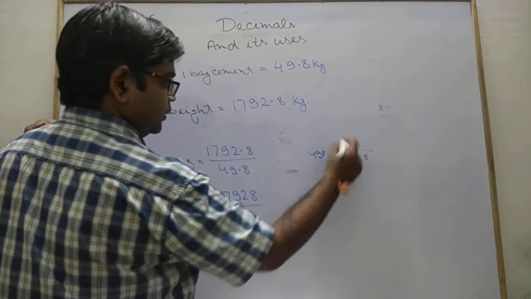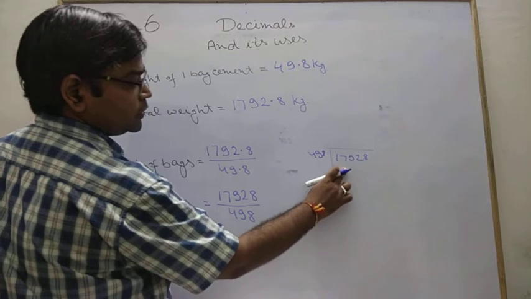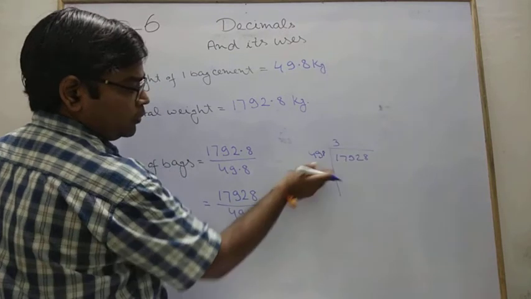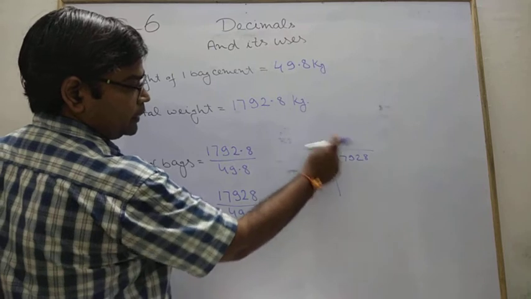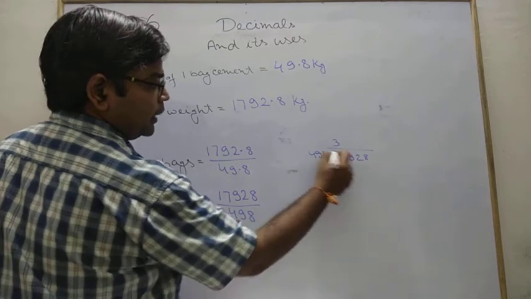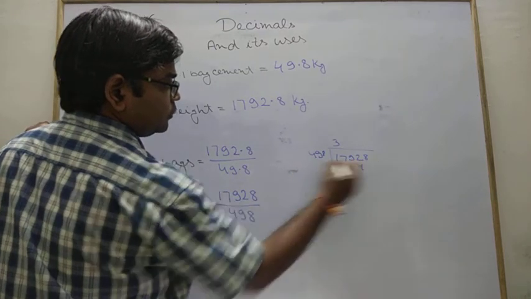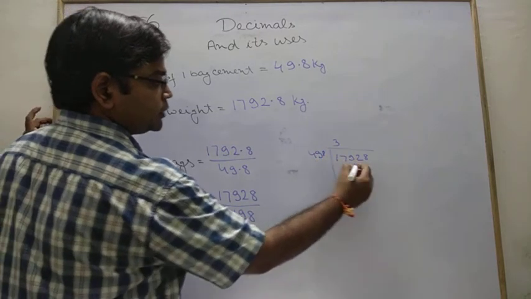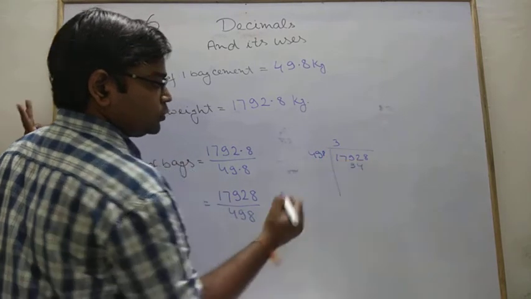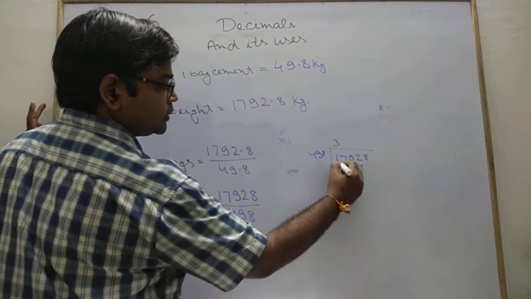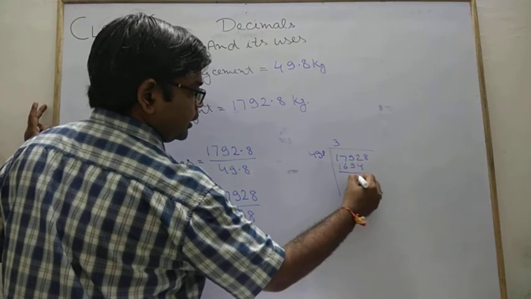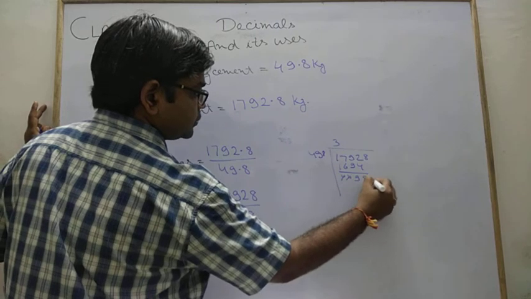498 into 1792.8. 4 3s are 12, 4 4s are 16. No, 4 4s are more, 4 3s are. Now when we multiply this completely by 3, I think we have the answer. 8 3s are 24, 2 carry, 9 3s are 27 plus 2 is 29, 2 carry, 3 4s are 12, 14.